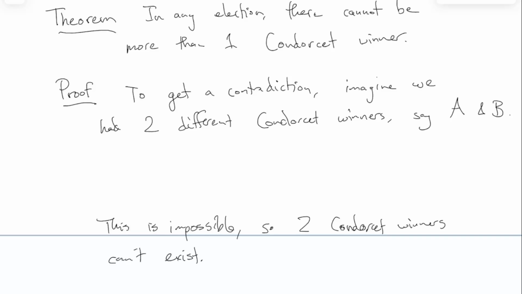Yeah, to be very specific about it, you could ask yourself, okay, what's going to happen if I go A versus B then? Well, according to what I said, both of them are supposed to win in that comparison, and that's not possible. I think this is what she was getting at. So that's what I'm going to say here. What specifically is impossible about this is that you have to imagine what would happen if I did A versus B. So imagine we had two different Condorcet winners, say A and B. I will say then when we do A versus B, A must win because A is a Condorcet winner.